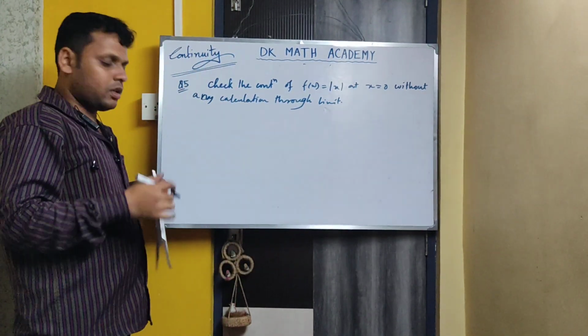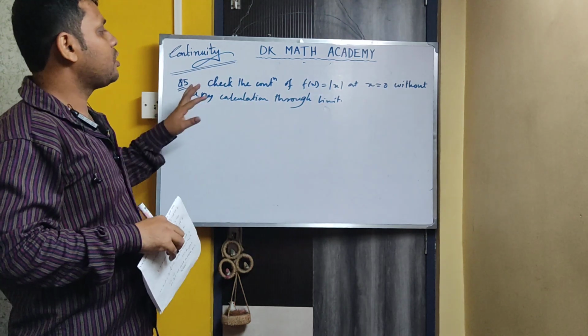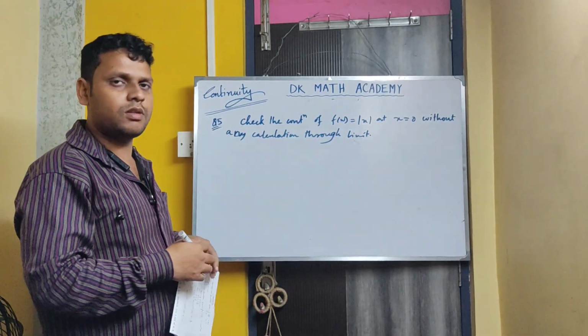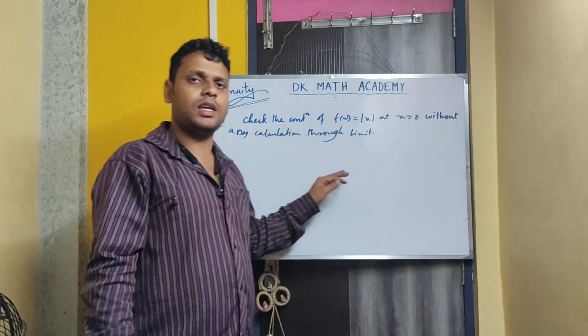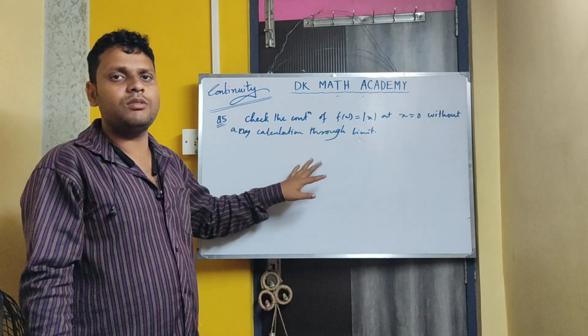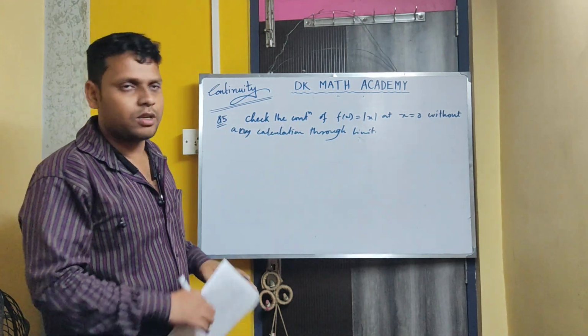Okay, actually we will draw the graph of the function f(x) equals mod x. From there we can easily see that the function is continuous at the point x equals 0.